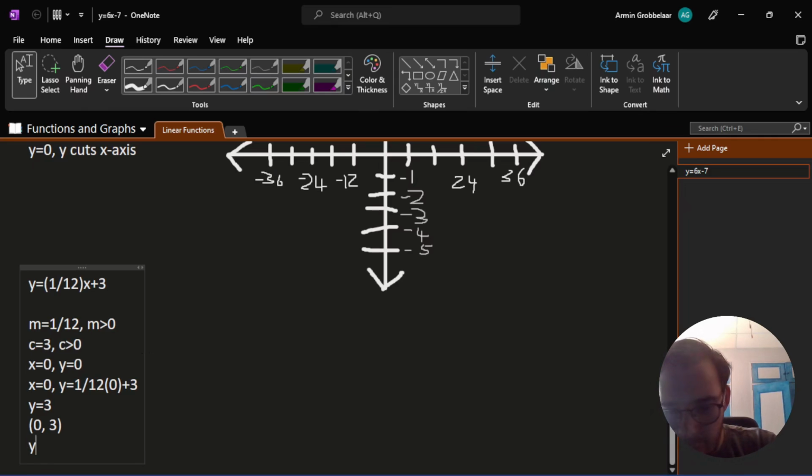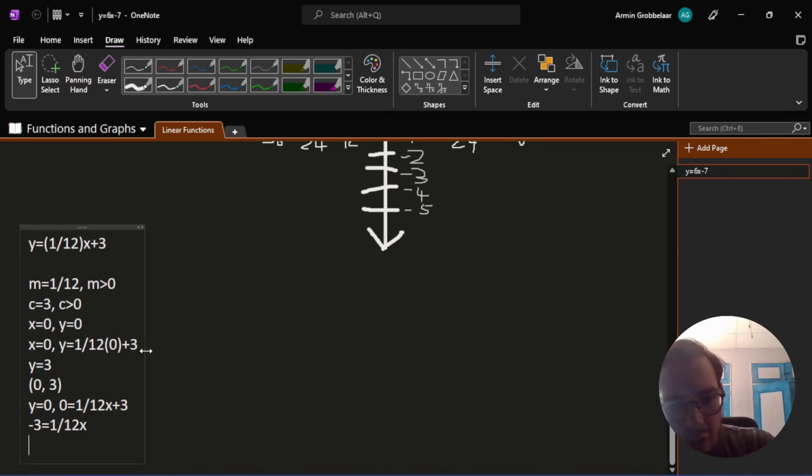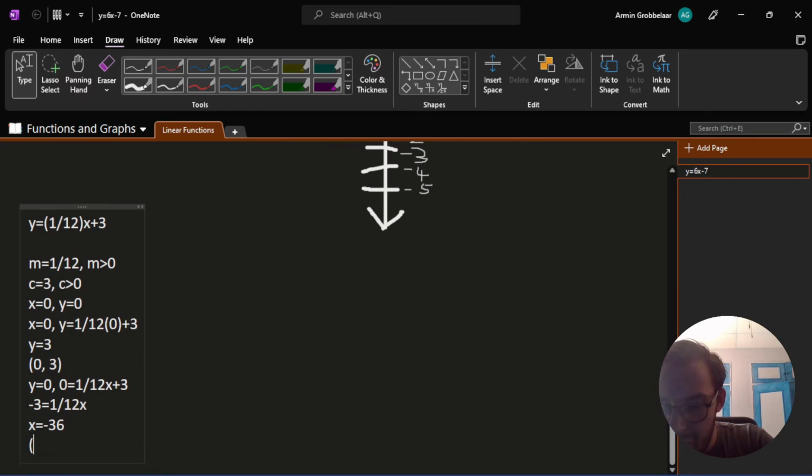Then we set y equal to 0, so 0 is equal to 1 divided by 12 times x plus 3. So minus 3 is equal to 1 divided by 12x, so x is equal to minus 36. So our second point is (minus 36, 0).